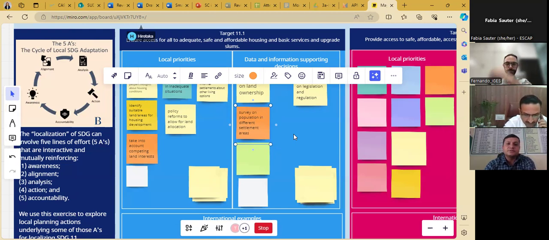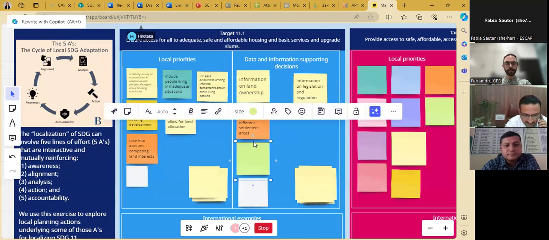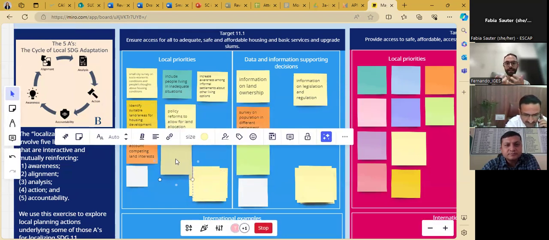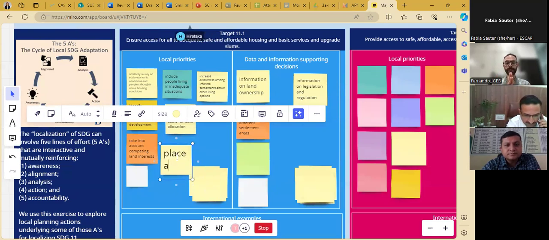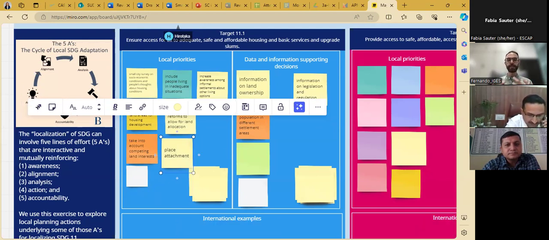I would like to highlight one of the aspects that you mentioned, which I think is often forgotten, which is place attachment. You said that people have been working on the land and they are connected, and that connection is very important because it grounds humans to the place where they live. It also creates communities, and that's something that in many policy debates is not so well addressed, because people just say, we are giving them better housing, so they should be happy to move.